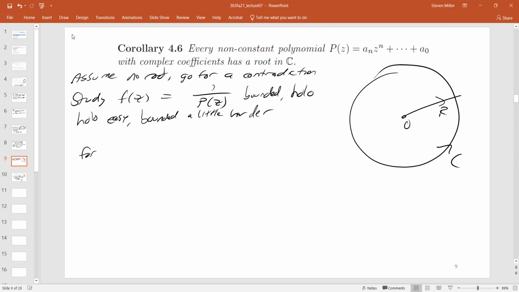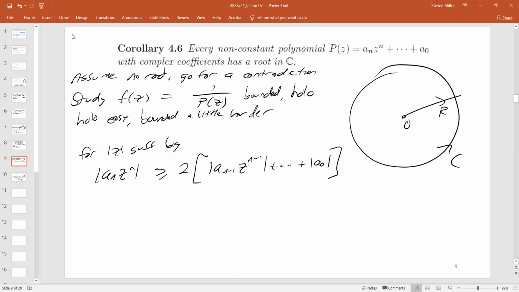So for z sufficiently big, the absolute value of a_n z to the n is going to be greater than or equal to twice the absolute value of every other term, a_{n-1} z^{n-1} plus dot dot dot plus a_0. And the reason is a_n is not 0. This has one more power of z.